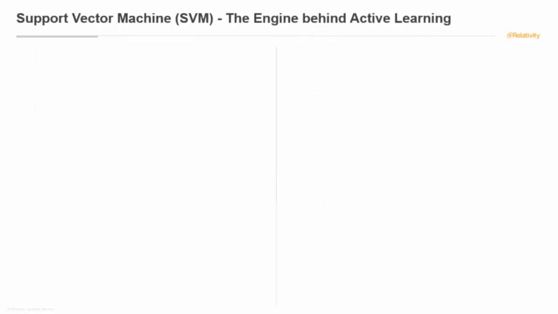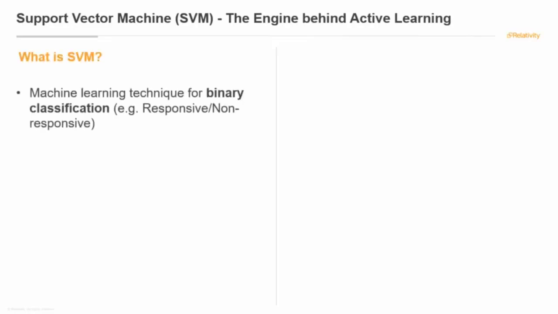Some of the differences between this product and RAR, one of the key ones is that the algorithm is different. We've chosen to use an SVM algorithm, which stands for Support Vector Machine, for powering active learning. If you're not familiar with SVM, it's a machine learning technique, and its whole role in life is to do binary classification, which is to say, in our world, typically responsive and non-responsive, but it could be hot and not hot.